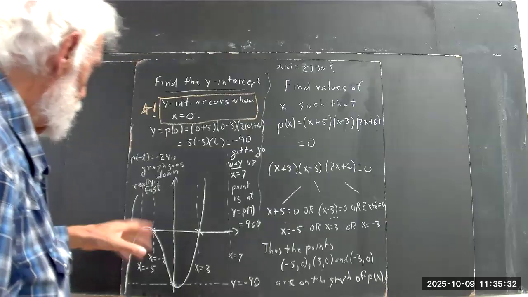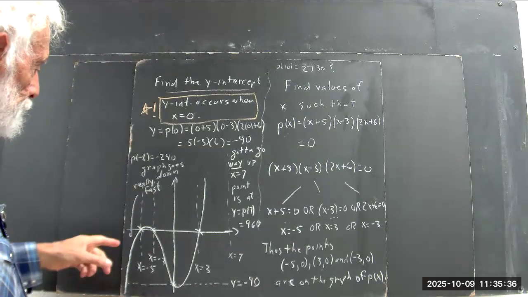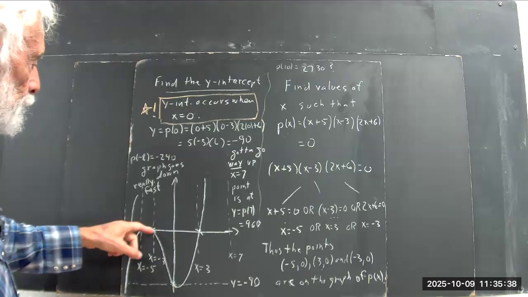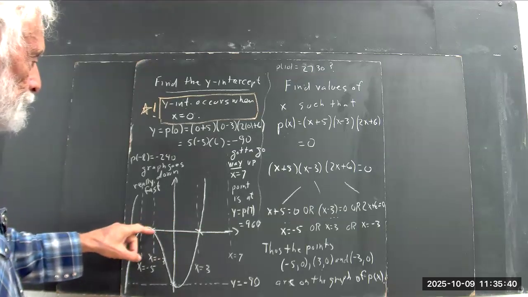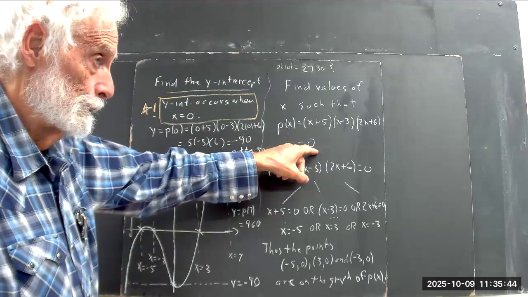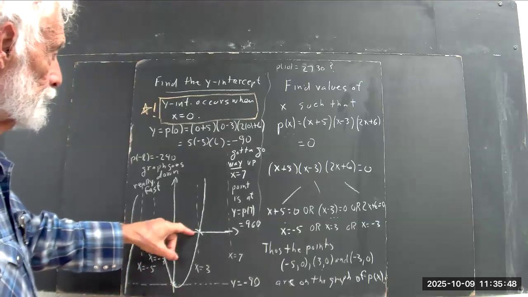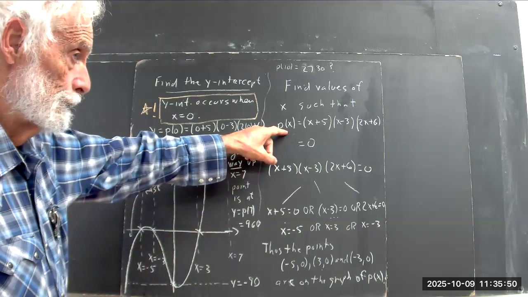I'm pretty sure I said this, but let's just go back to this picture. Your rule is you can only go through the x-axis at the points where P of x is 0. If you're not at one of these points, P of x isn't 0.